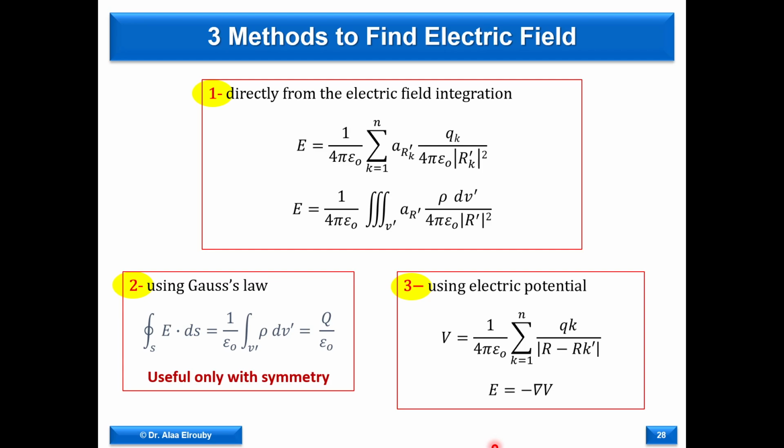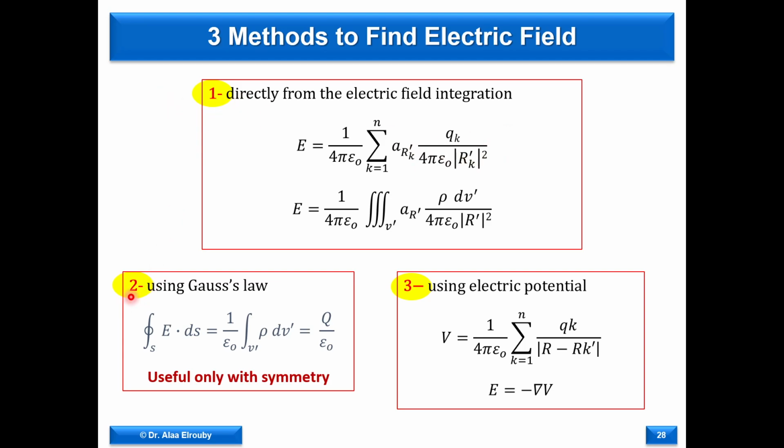Okay, so far we studied 3 different ways to calculate the electric field due to a charge distribution. The first method is the integration method, if we have a continuous charge distribution, volumetric, surface or linear charge, or a vectorial summation if we have discrete point charges. This is method number 1.